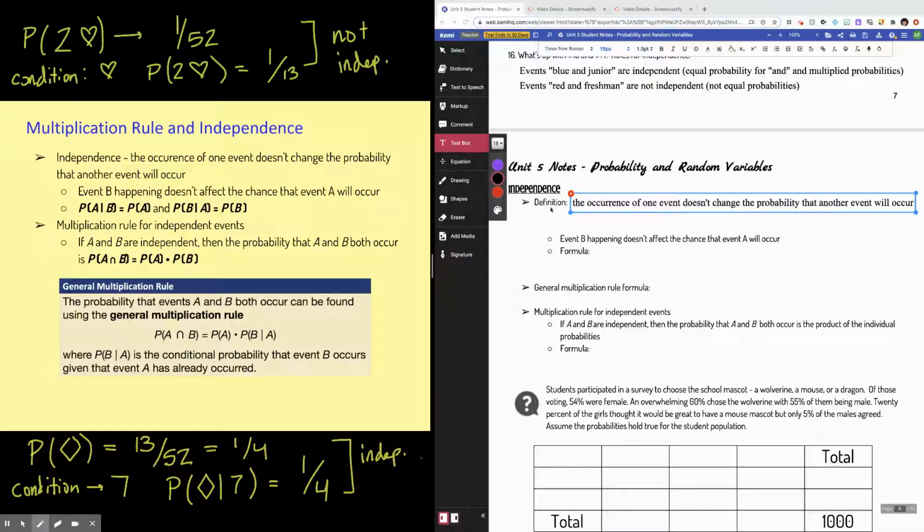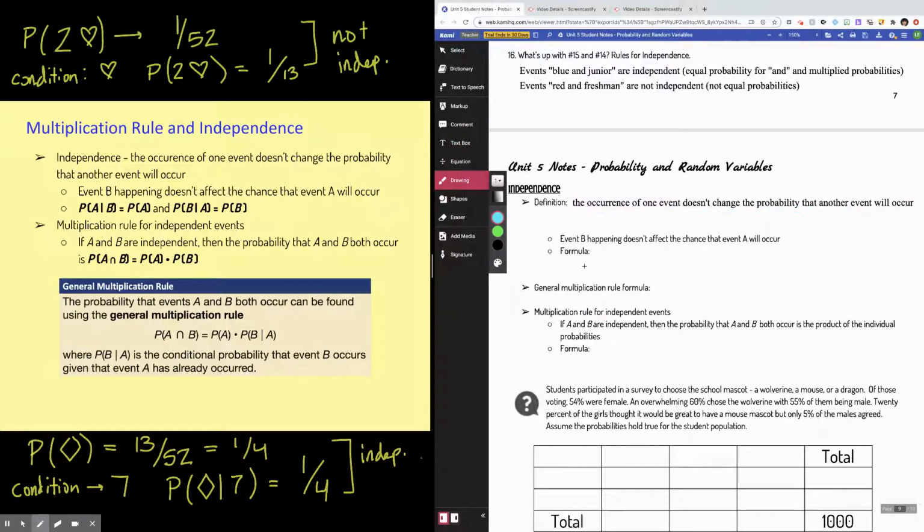So the actual formula is, what you're checking is, does the probability of A given B equal the probability of A? We're saying, does adding this extra condition, B, change the probability that A will occur?